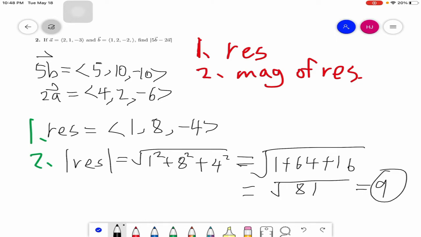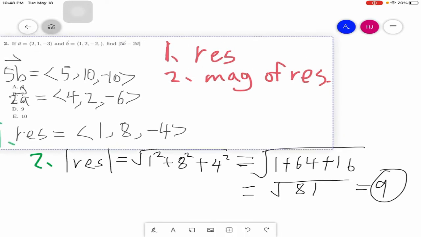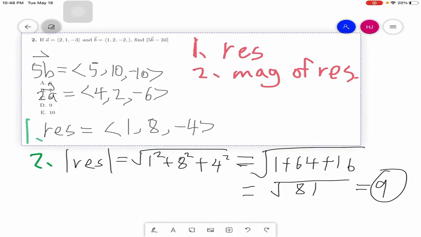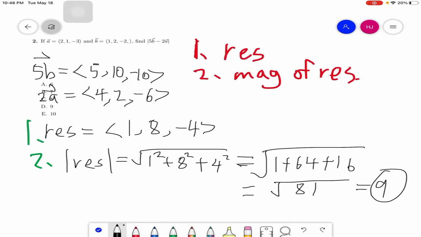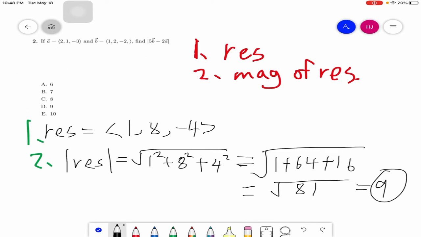So let's look at the question, and that will be option D here.